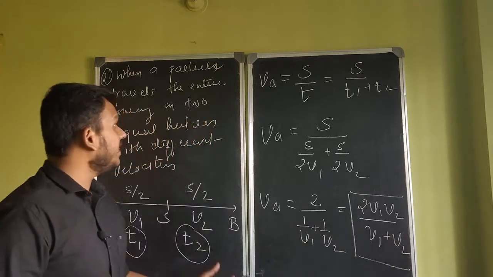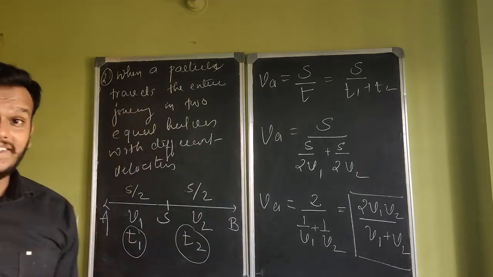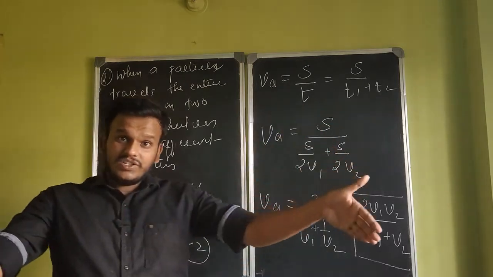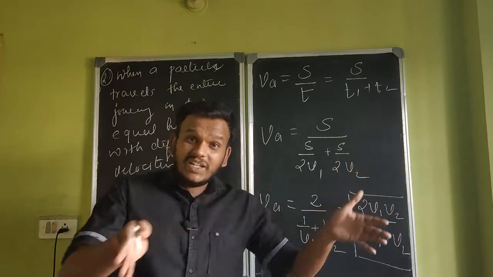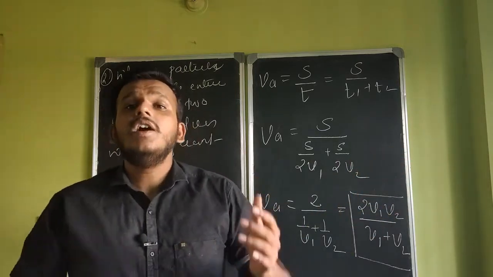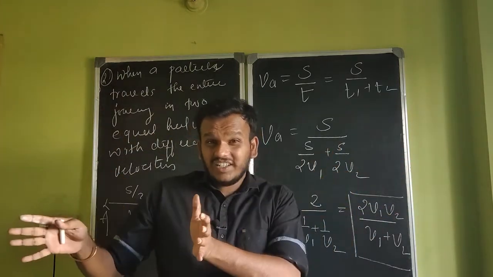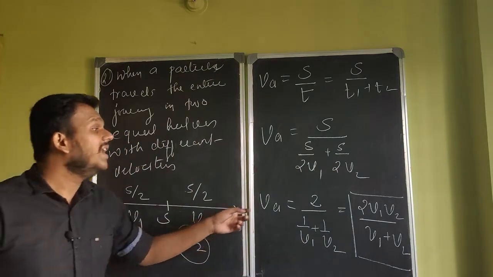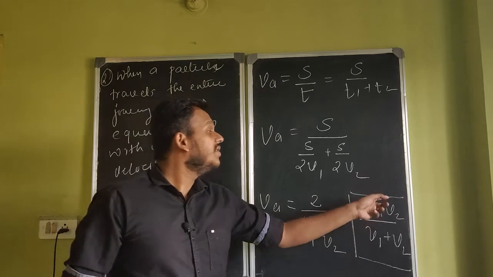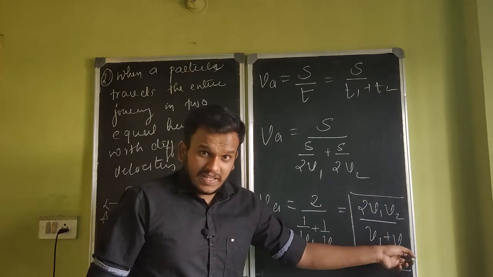Okay, so average velocity in this case, what case? A case where the total journey is traveled with two different velocities for equal intervals of length, not equal interval, with equal displacement. Half the displacement with the velocity of v1, remaining half of the displacement with the velocity of v2. In this case, the average velocity is 2v1 v2 divided by v1 plus v2.